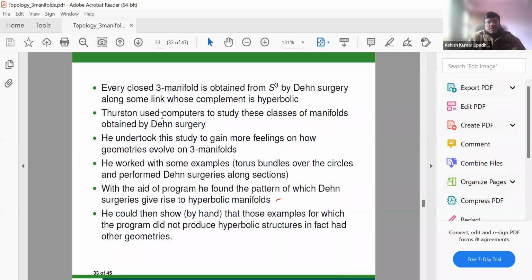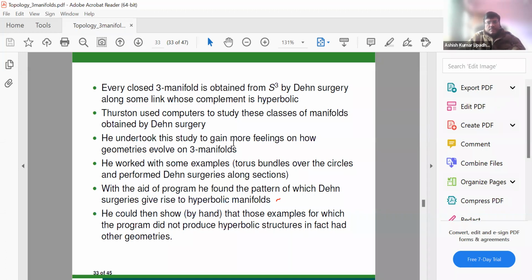Thurston used computers to study these classes of manifolds. Thurston again did some programming and he tried to study these classes of manifolds obtained by Dehn surgery. He undertook this study to gain more feeling for how geometries evolve on three manifolds.